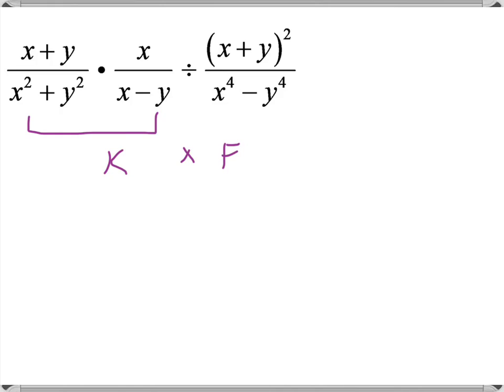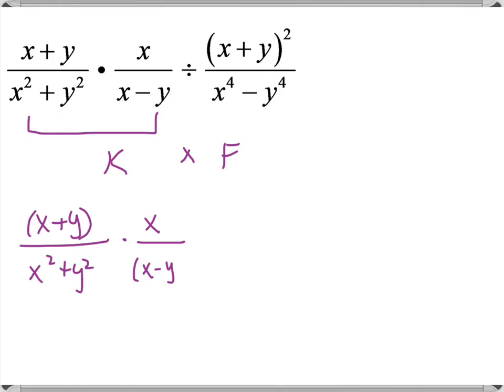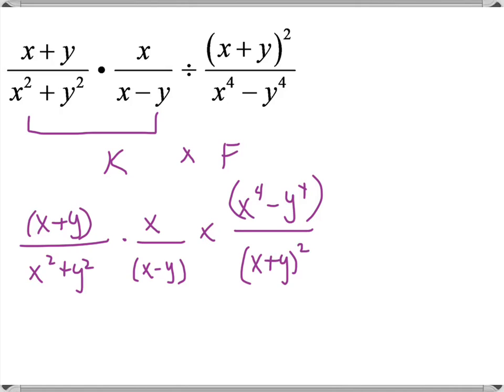So the first one is, and I'm going to add my parentheses in here, x plus y, and the bottom is x squared plus y squared, and I'm multiplying that by x over x minus y. So there's my keep. Change this to multiplication, and I want to reciprocate this second one, over x plus y squared.